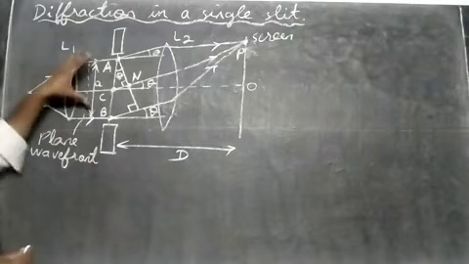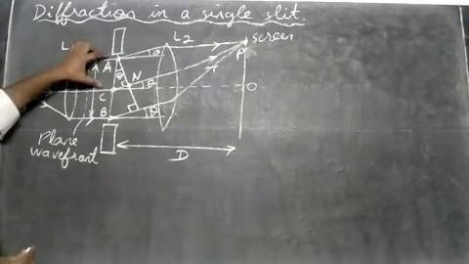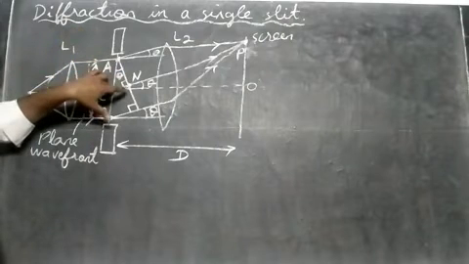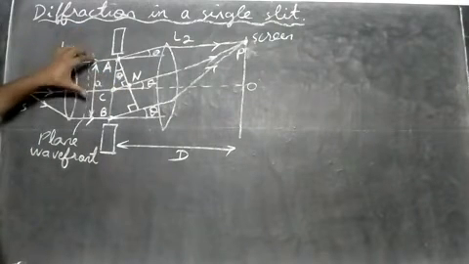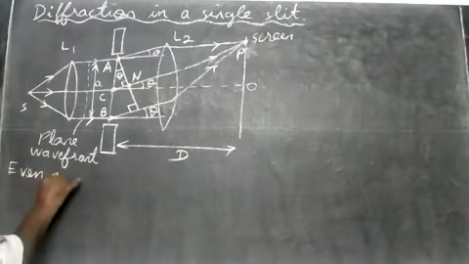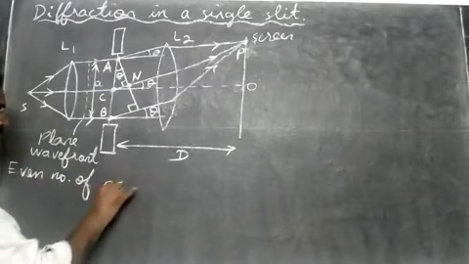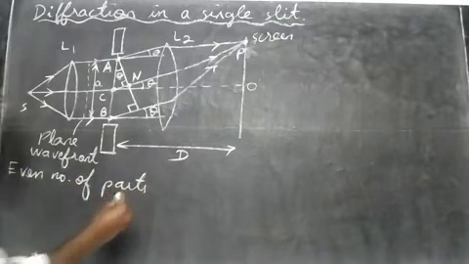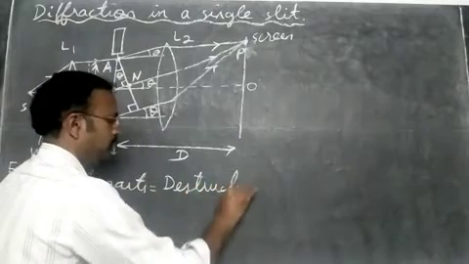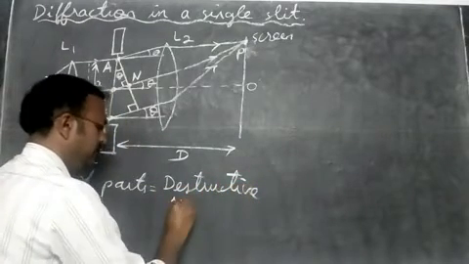Now we divide the slit into parts. If we divide the slit into an even number of parts, that means 2, 4, 6, 8, we get destructive interference.